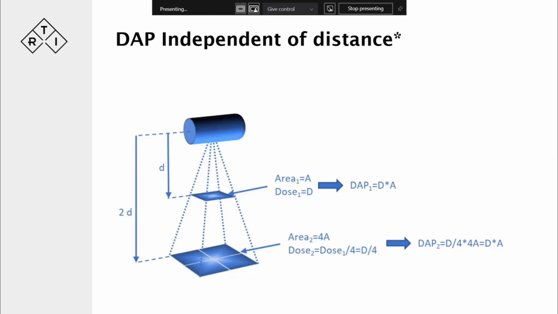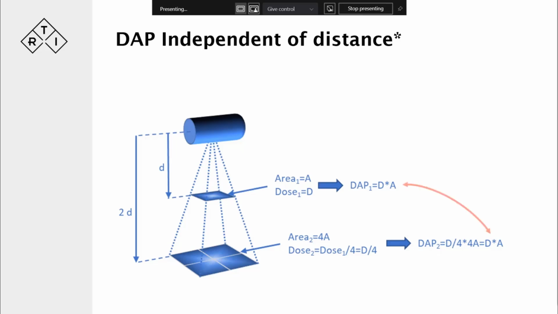Doubling the distance will divide the dose by 4. So those even themselves out and give us DA as the DAP value at this distance as well. The reduction in dose rate caused by an increased distance is compensated for by the larger area. So the DAP value in itself is constant.